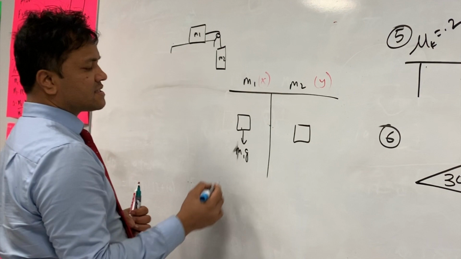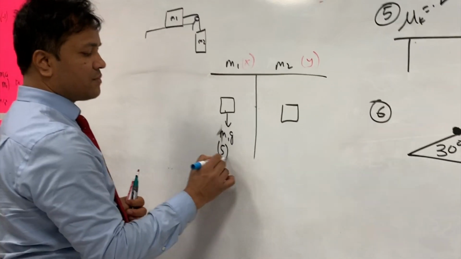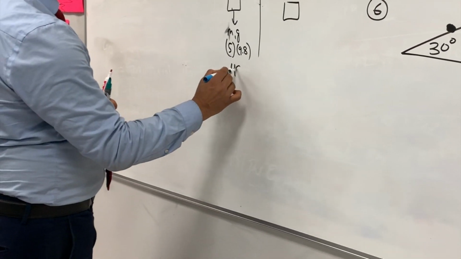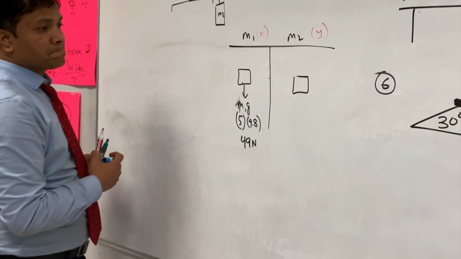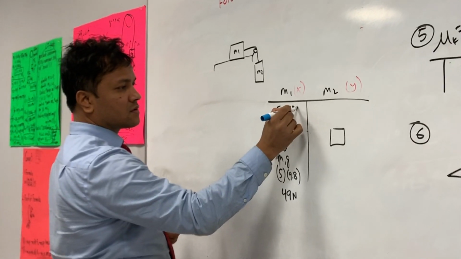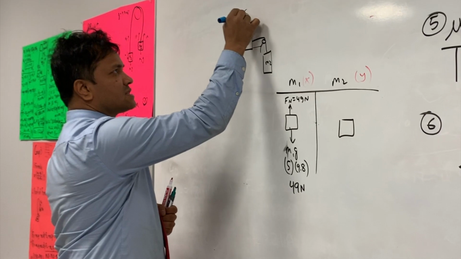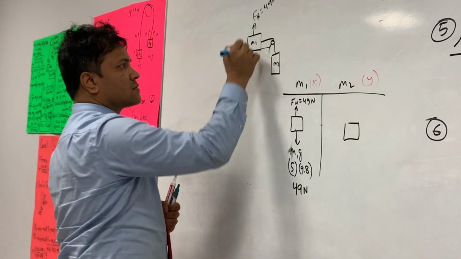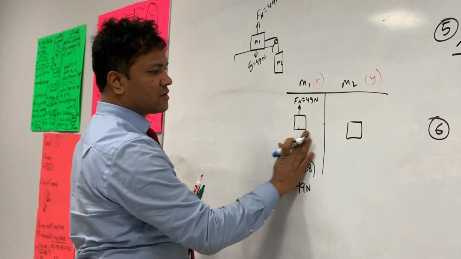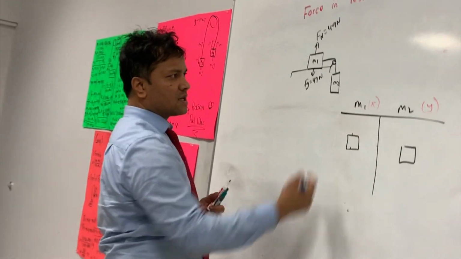And I want to find what is M1g. M1 is 5, so 5 times 9.8 is 49 Newton. So Fn is 49 Newton. Let's write it over here because this gets too crowded, and I don't want to put anything in the y direction. We don't care about the y direction for this one, only the x direction.